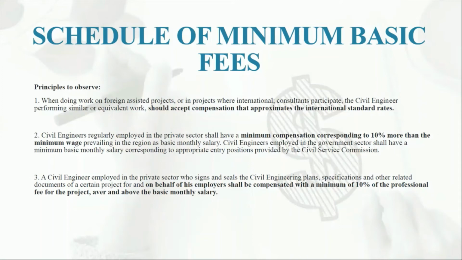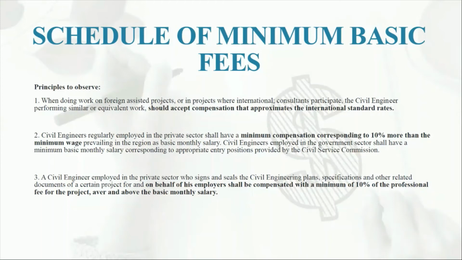So next, we have a civil engineer employed in the private sector who signs and seals the civil engineering plans, specifications, and other related documents of a certain project on behalf of his employer, shall be compensated with a minimum of 10% of the professional fee for the project over and above the basic monthly salary.